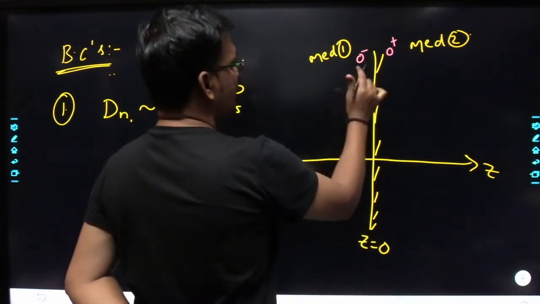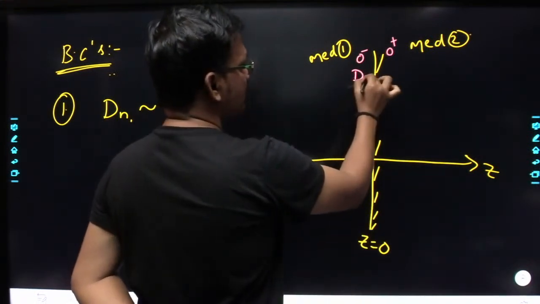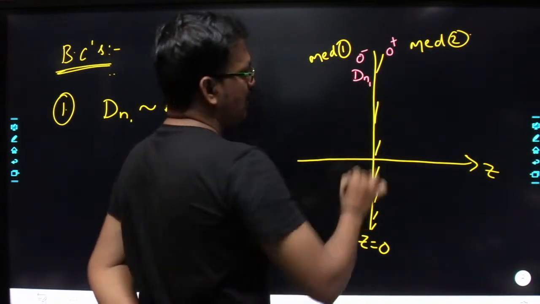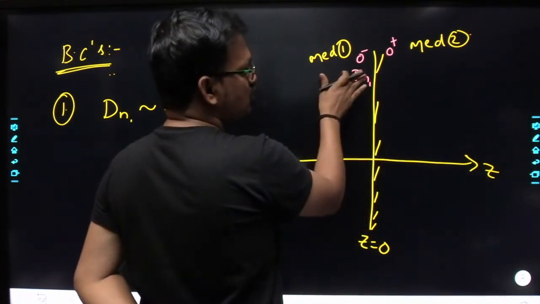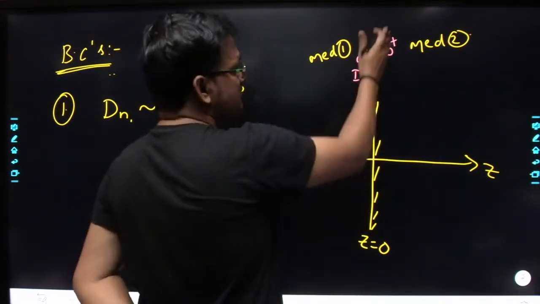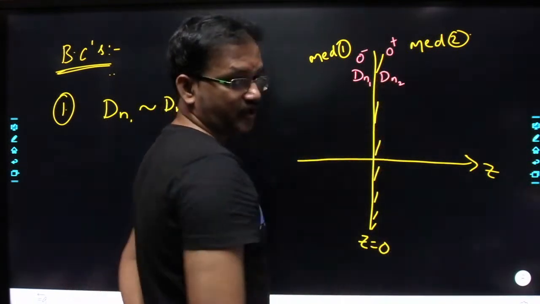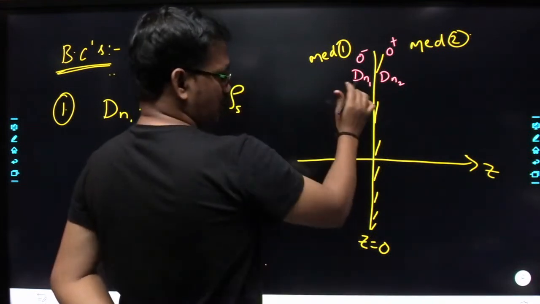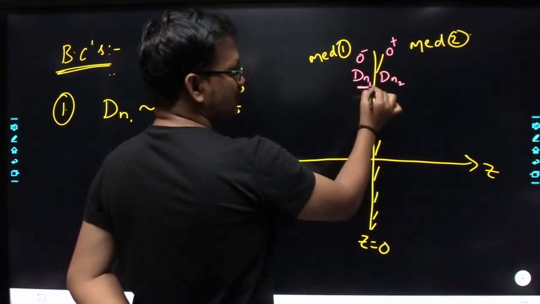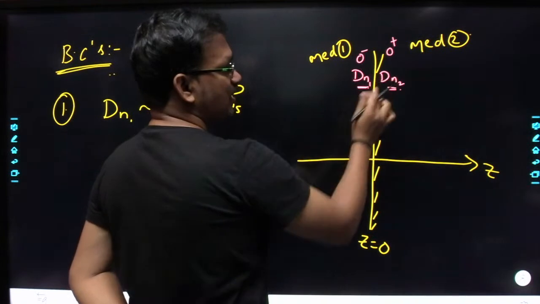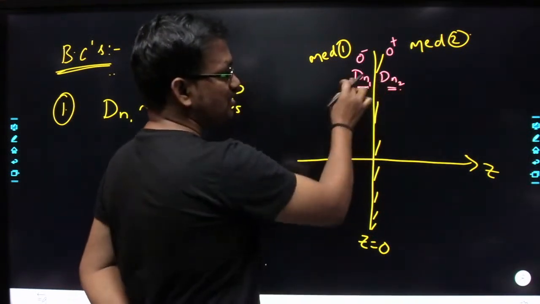Let us say in medium 1 the normal component of electric flux density is Dn1, and whenever it is propagating from 0 minus to 0 plus, let us consider at 0 plus the normal component of electric flux density is Dn2. Here there exists some difference between Dn1 and Dn2, which means Dn2 is not the same as Dn1.